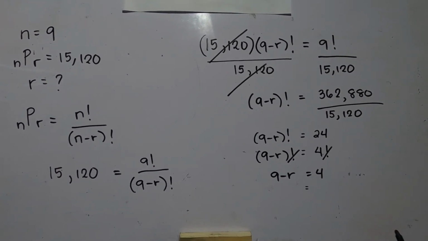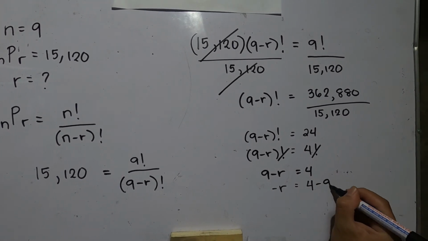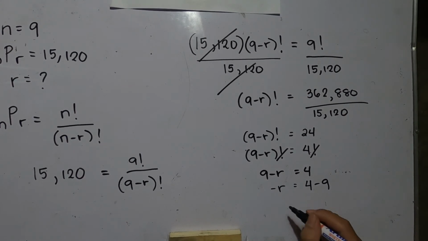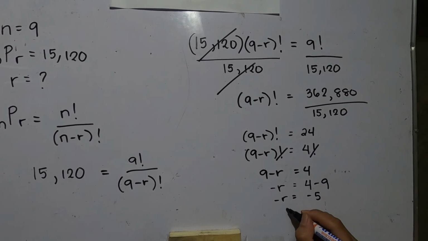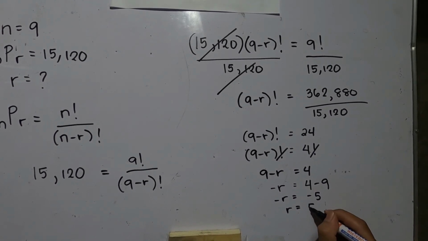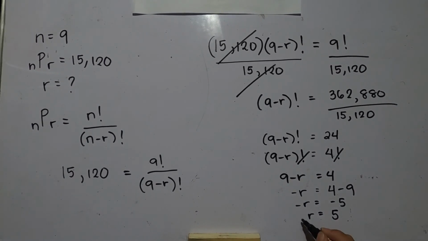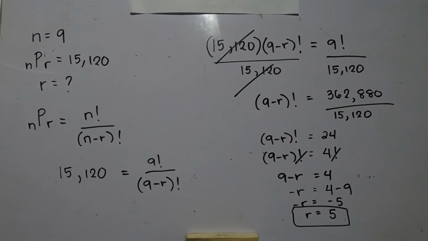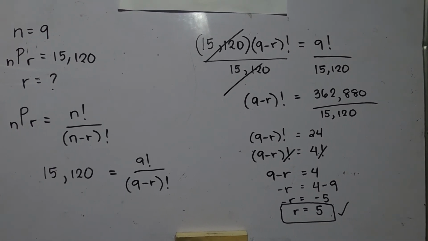Using property of equality, the equation becomes, and by further evaluation, r is equal to 5. Therefore, there are 5 participants who were declared as winners.